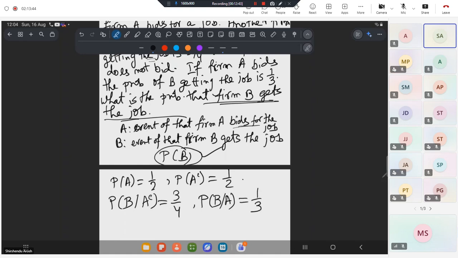So B getting the job is always the event, and I need to find out P of B.